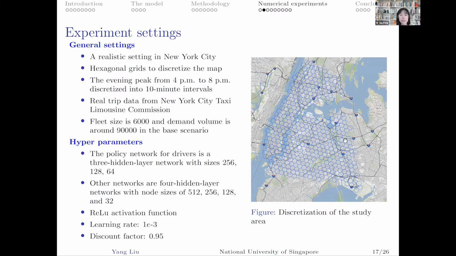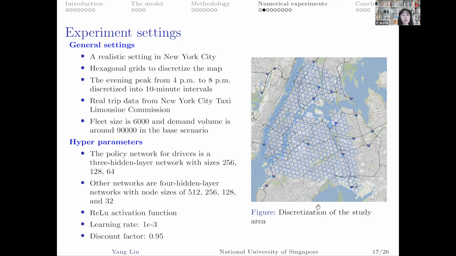And the map is discretized into grids, and we look at the evening peak hour from 4 p.m. to 8 p.m. And then the time window is discretized into 10-minute intervals. So the fleet size is 6,000 and the demand volume is 90,000 in the basic scenario. And later we'll adjust the fleet size and demand volume to do the sensitivity analysis.